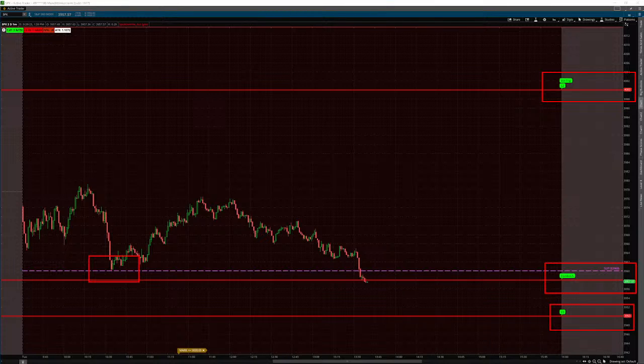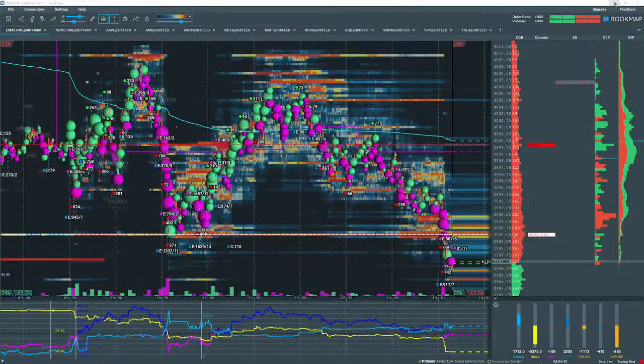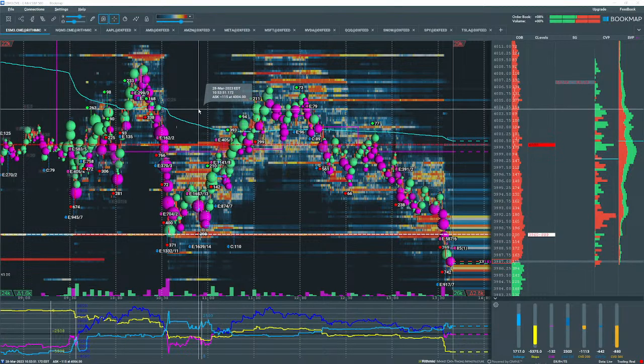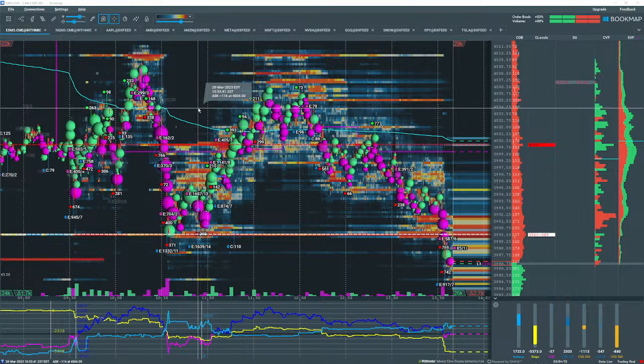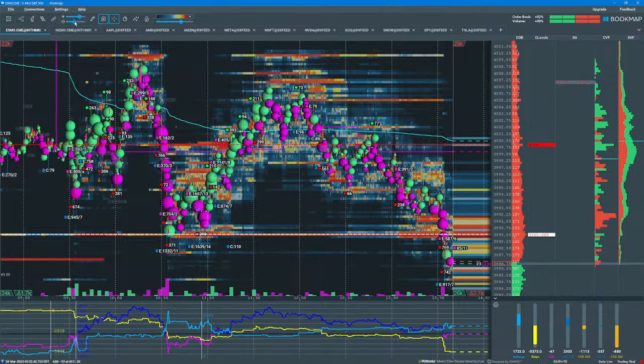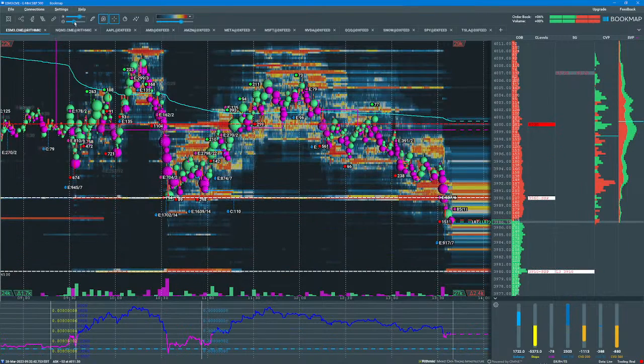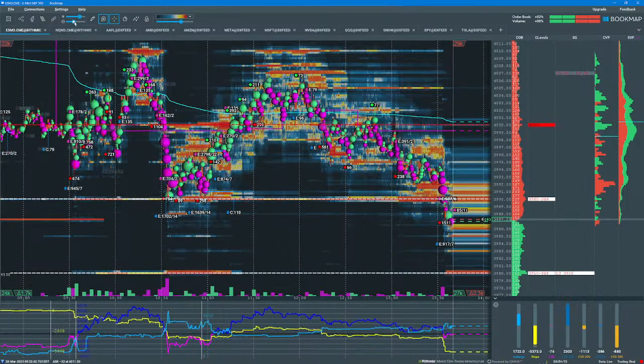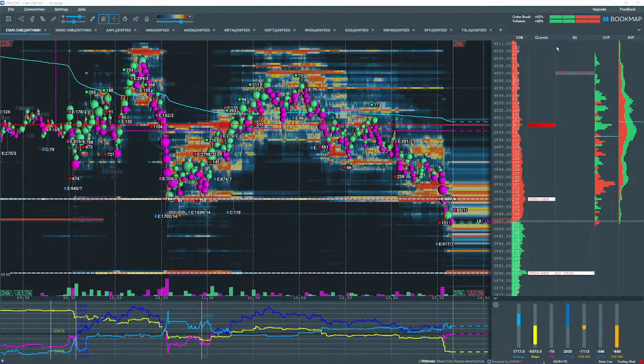All right, let's take a look at Bookmap now. So far the S&P 500 has traded in a range today with good short setups and long setups. I'm going to tone these down just a little bit. All right, so the same levels are shown on this chart, and I have 2 columns of notes.